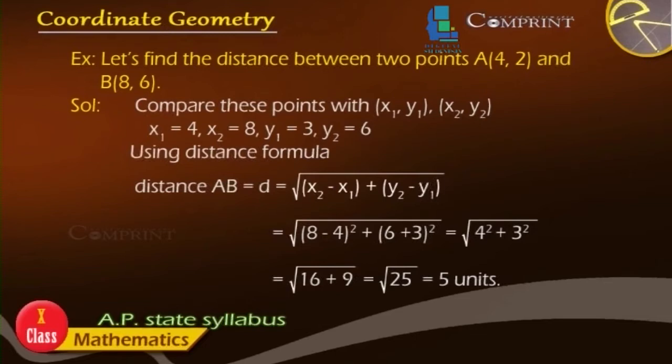Using the distance formula, distance AB is equal to D is equal to the square root of (x2 minus x1) whole square plus (y2 minus y1) whole square, which is equal to the square root of (8 minus 4) whole square plus (6 minus 3) whole square, which is equal to the square root of 4 square plus 3 square, which is equal to the square root of 16 plus 9, which is equal to the square root of 25, which is equal to 5 units.